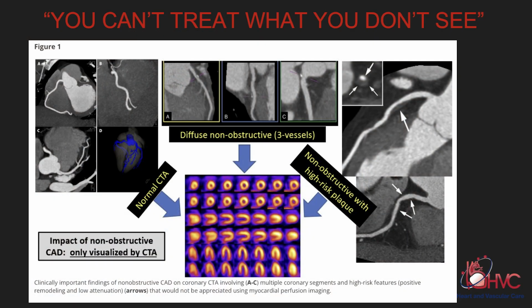This is one of my favorite slides because it shows you how normal stress tests can look. A normal stress test can absolutely look normal with normal coronaries, but it can also look normal when you have mild, non-obstructive calcified disease.